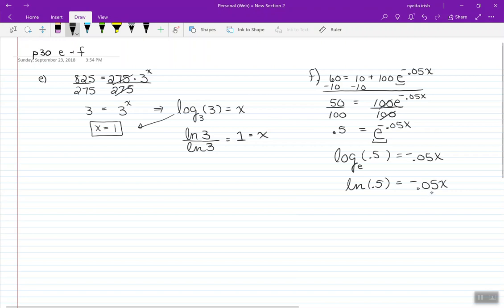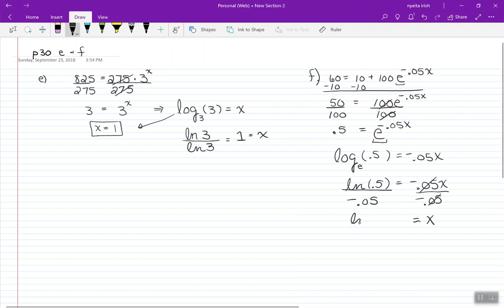And if I'm looking for an exact answer first, I want to solve for x. So to get the x by itself, it's hooked to the negative 0.05 by multiplication. So again, one more division property here. Divide off by the number in front. So negative 0.05 divided by itself will cancel out to 1x, so just x equals.